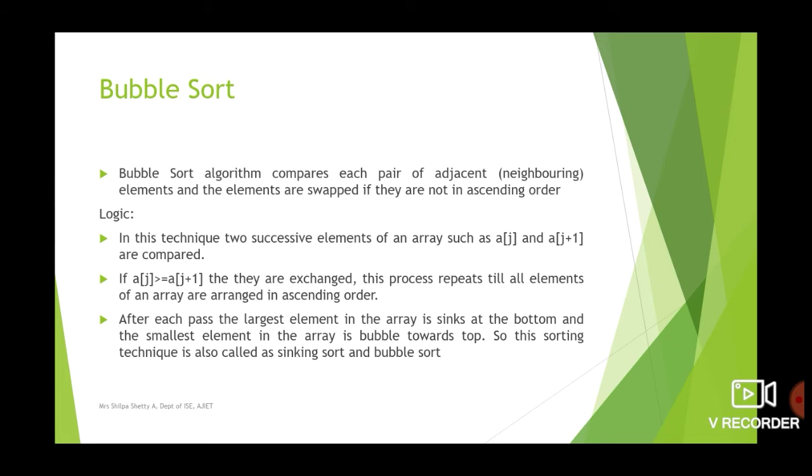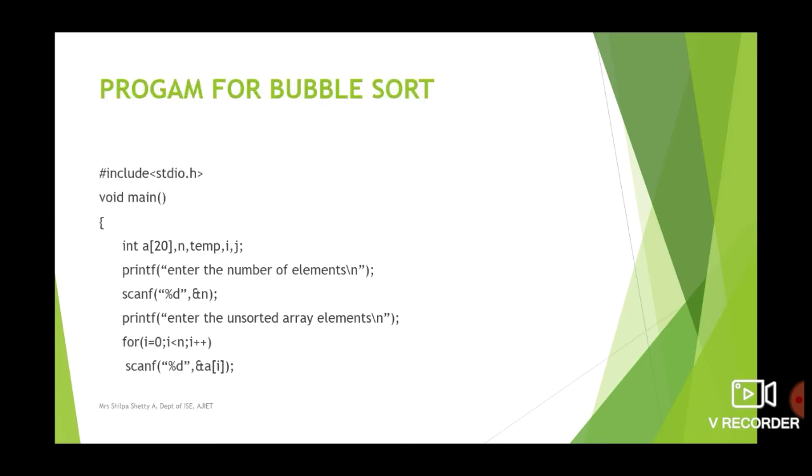So this sorting technique is also called sinking sort or bubble sort. Why is it called sinking sort? Because if you imagine this array as a vertical table, once you finish a pass, the largest element will come to the bottom. That is why it is called sinking sort.